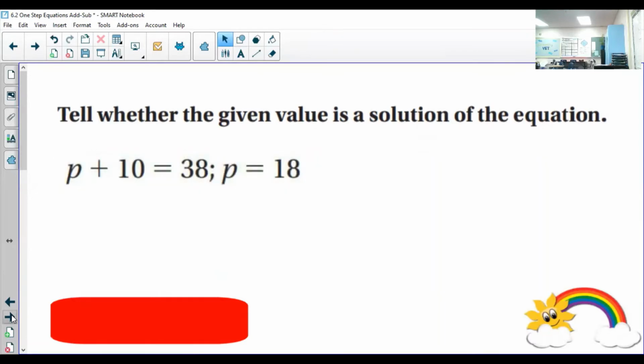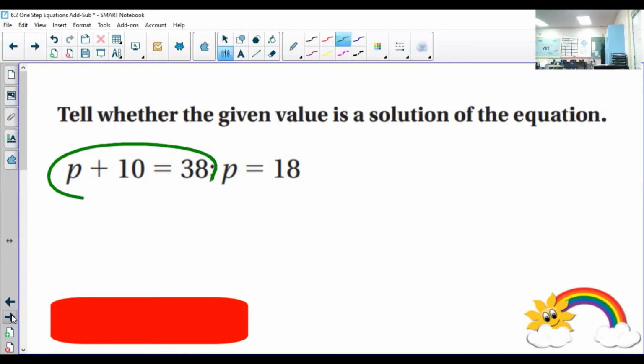It says p plus 10 equals 38 if p equals 18. So my whole equation is this right here. And we want to know, if I put 18 for p, is this going to be true?